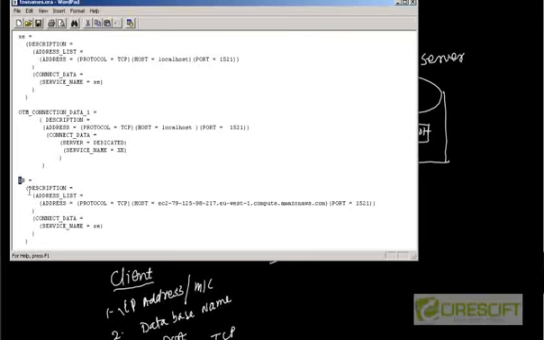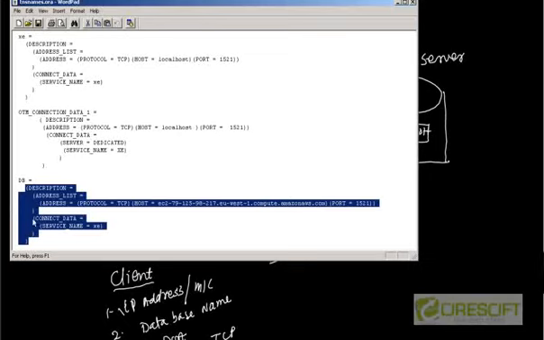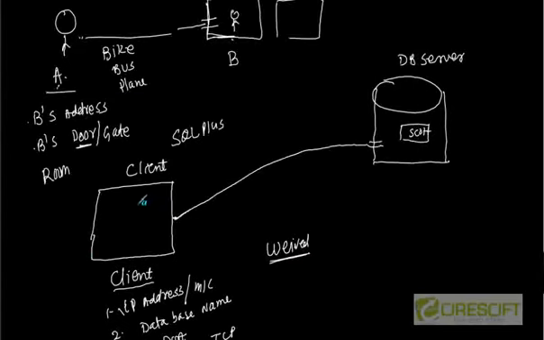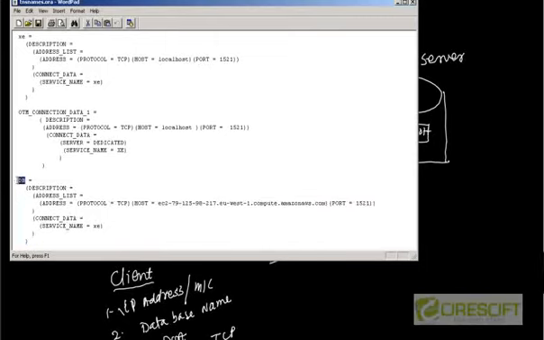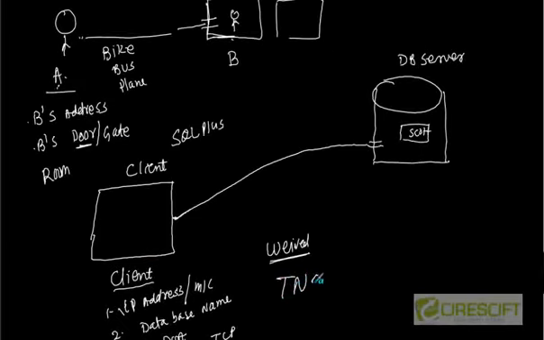Basically, imagine this is the address, the complete address in a particular format. Why do we need a particular format? Because this client only understands that format. So we call this weird string a name, and that name is called an alias, or something called a TNS alias.